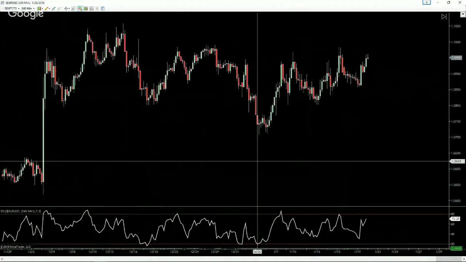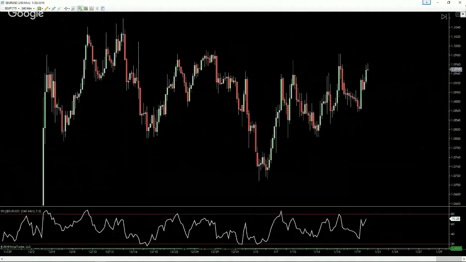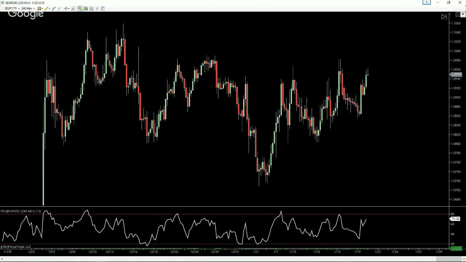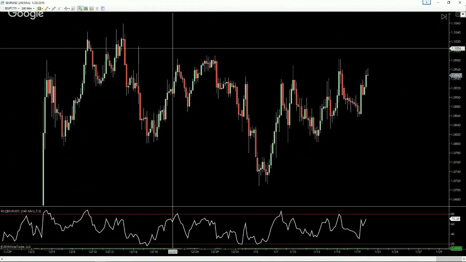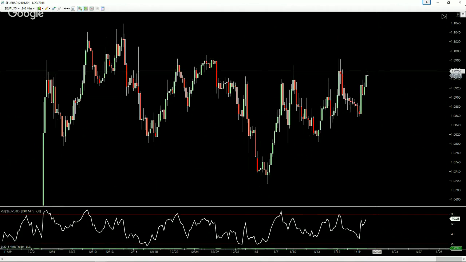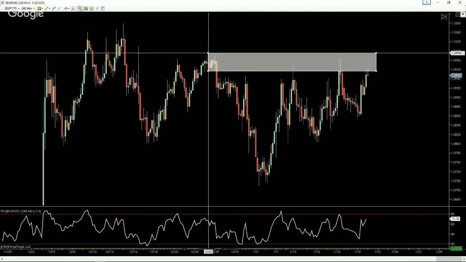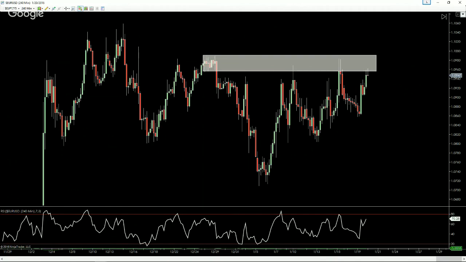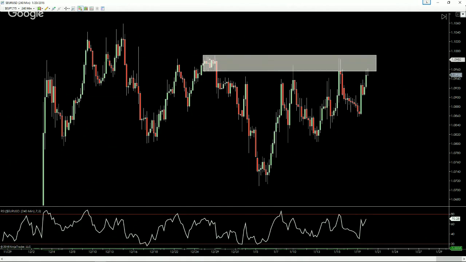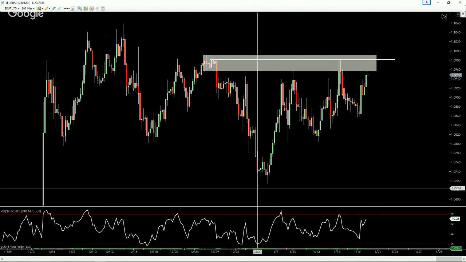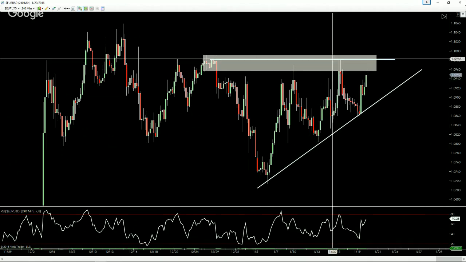Let's go ahead and look at the 240. On the 240, if you notice, we have a support level that's forming right around this area. Now there's this triangle that's forming around that area.